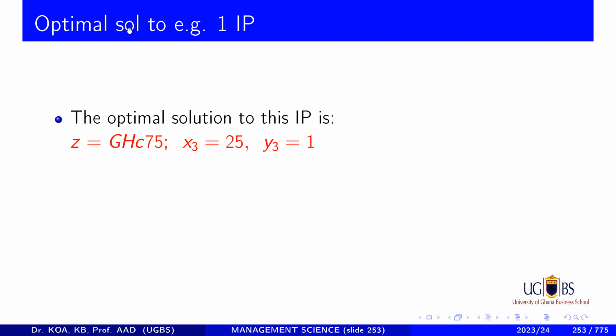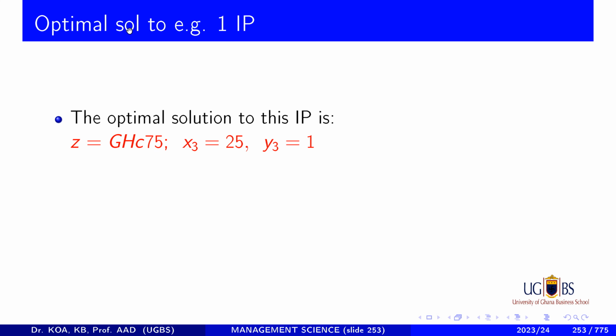So tell them why it makes sense to them. It's because y3 is 1. So when we get y3, if y3 is equal to 1, then it means that we are going to use the machine of y3 to produce the 25.